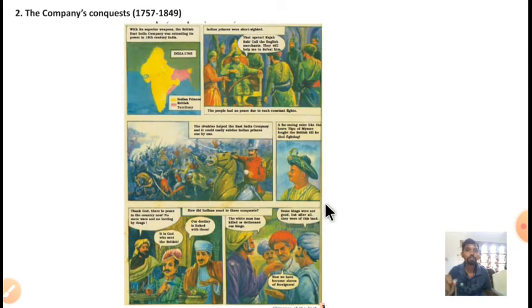The second point is the Company's Conquest. The Company's conquest means the coming of the East India Company to India for business purposes. This duration was 1757 to 1849.